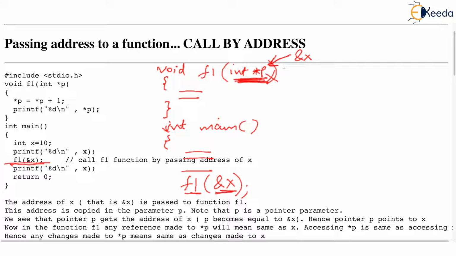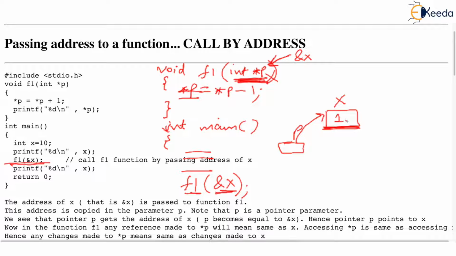Secondly, if p receives the address of x, then we know that p now stores the address of x. So we know p points to x. x is a variable and p points to it. Now if you do any changes using *p, say *p = *p - 1, then the value of x will change.